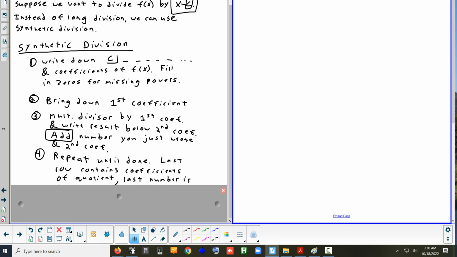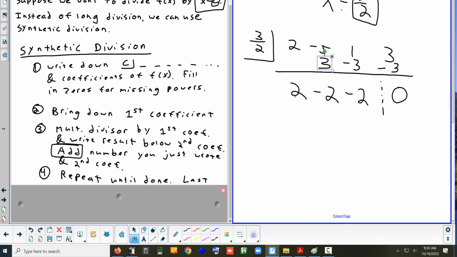So what do all those numbers mean? This side is your quotient. This side is your remainder. Well, I was just going to say what the left side means. Okay, so now that you know this is the quotient, it's going to be basically something like this.